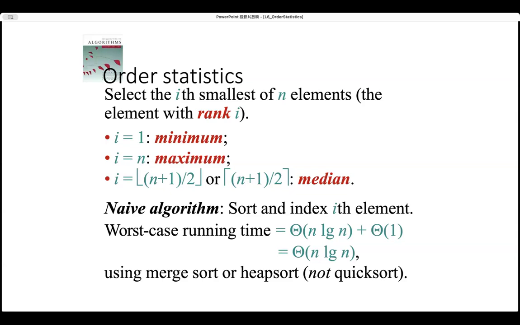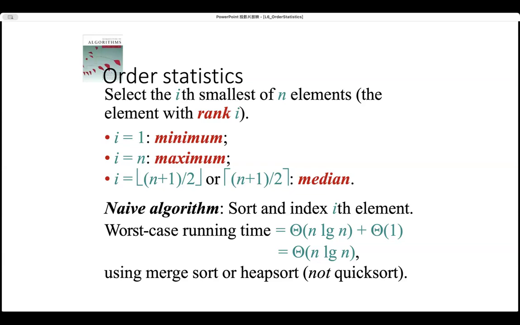So a naive algorithm would be, well, let's just sort these numbers, because we have talked about all these sorting algorithms. If we sort these numbers, it will be easy to find a number at any rank.